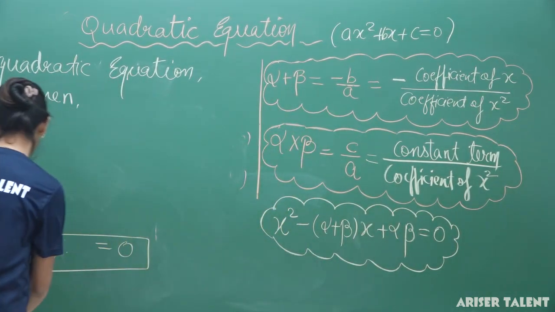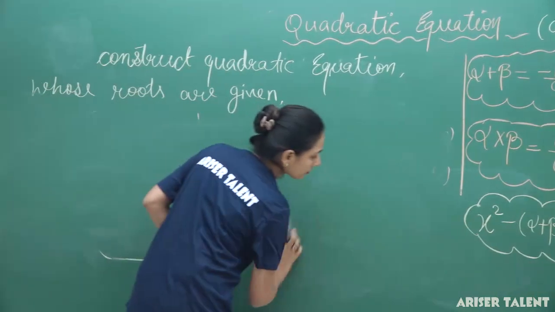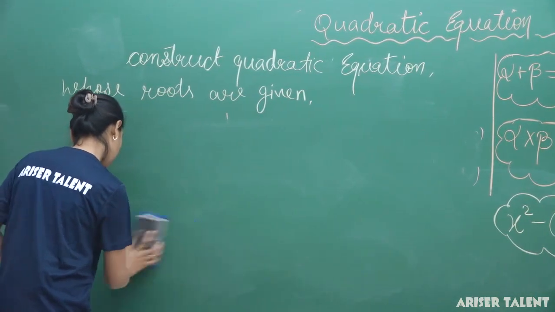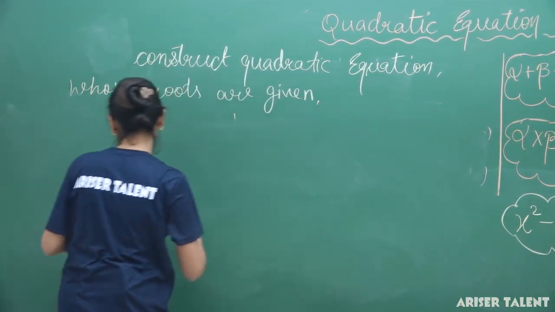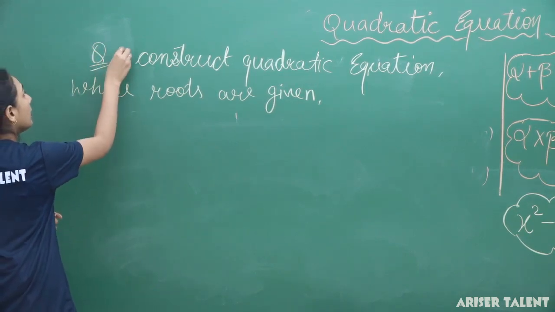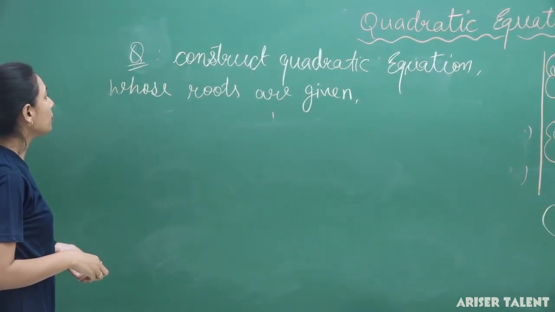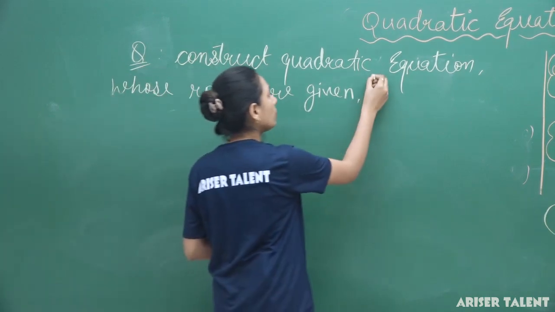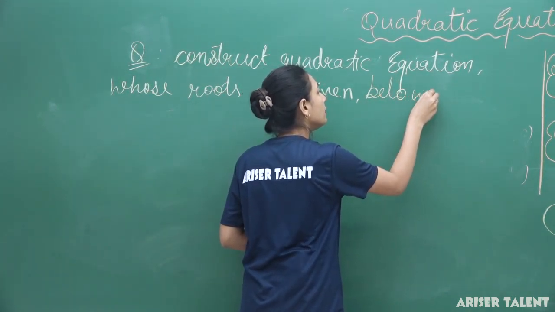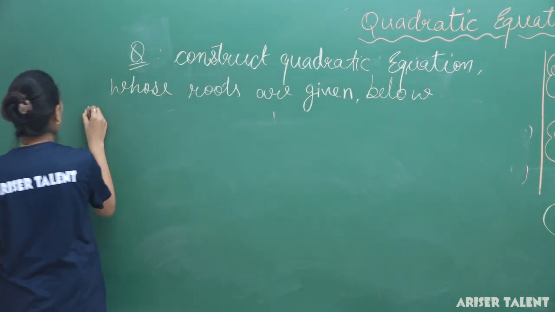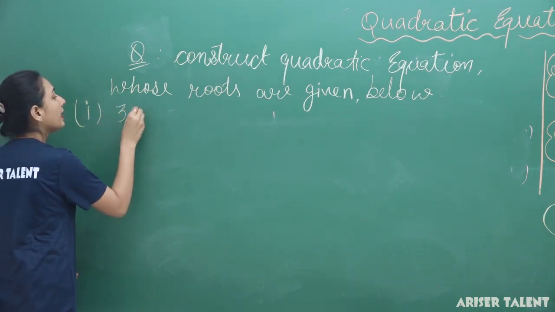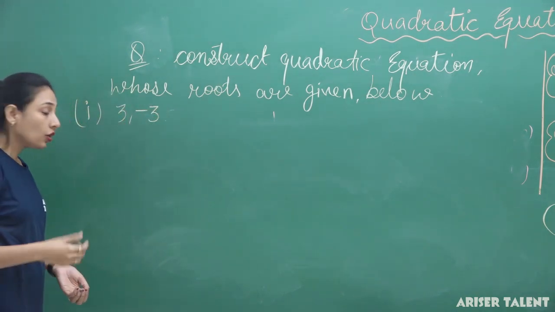So the question is, construct the quadratic equation whose roots are given below. Let's suppose the first one, the roots are 3 and minus 3.